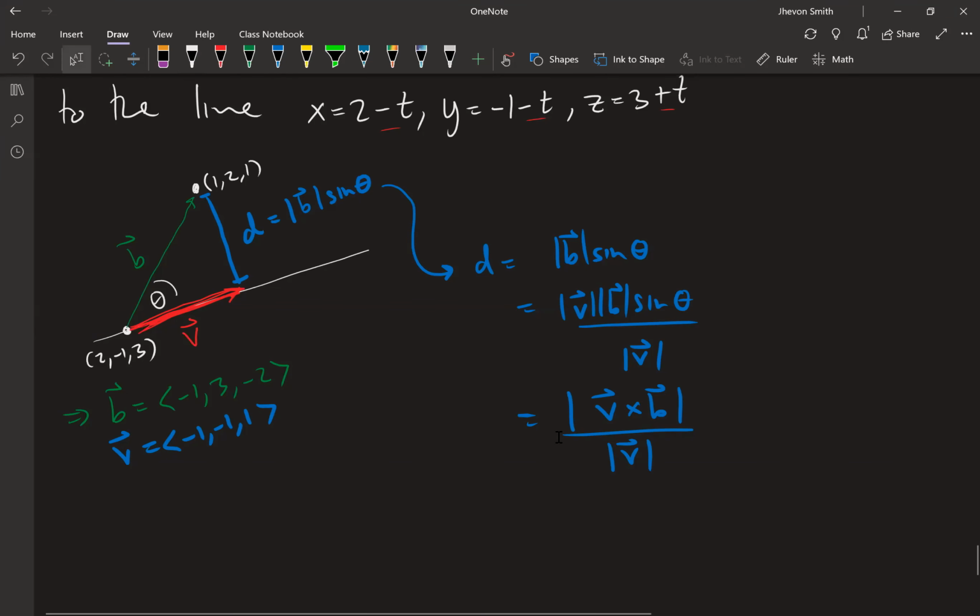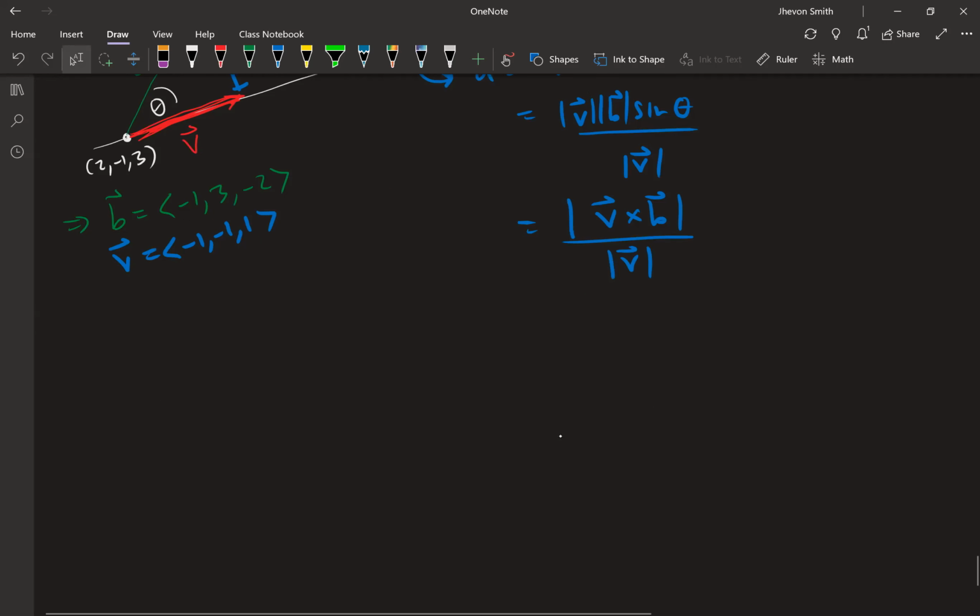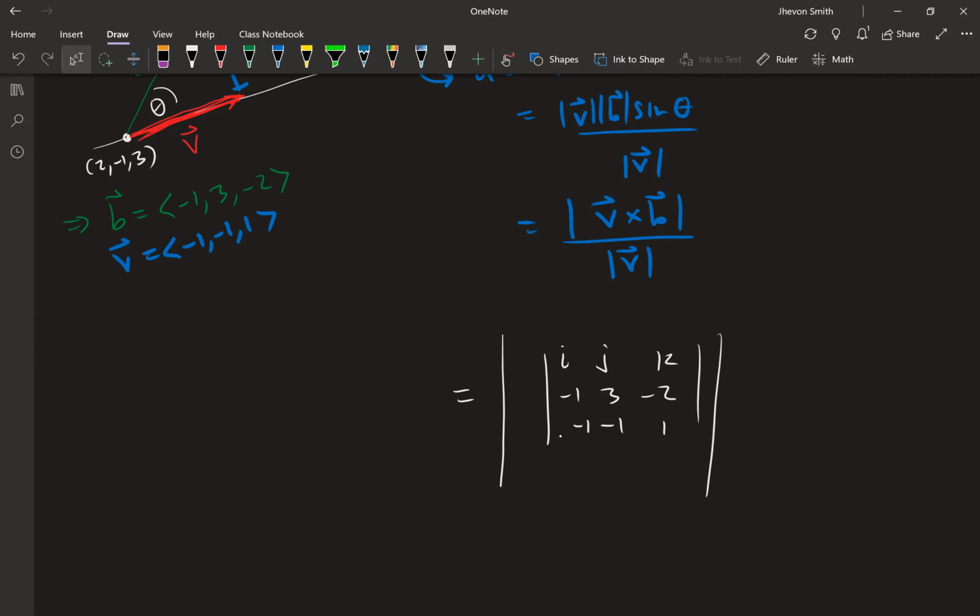And so now, this is going to be equal to the magnitude of the determinant with I, J, K, minus 1, 3, minus 2, minus 1, minus 1, 1, over the square root of 3.